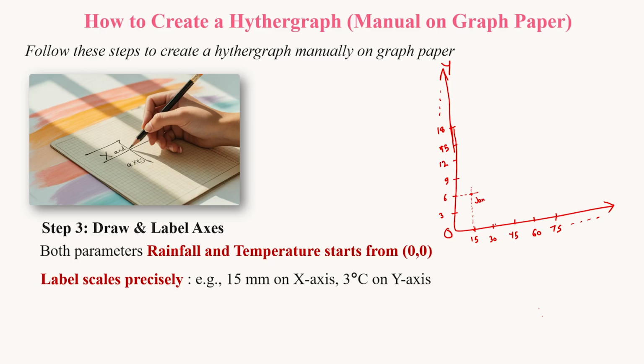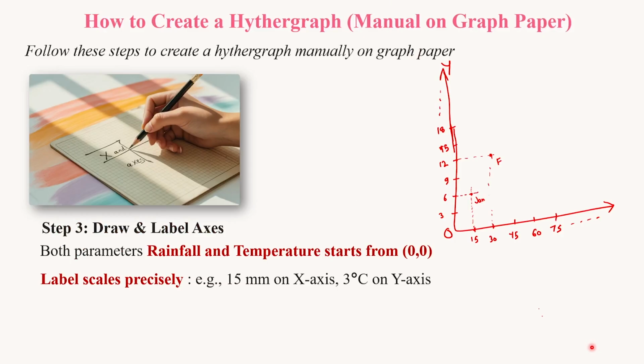Suppose we have data for February of 13 mm and 12 Celsius. We will draw a perpendicular, and where the lines meet, we will put a point and mark it February, and the same thing we will do for the month of March.